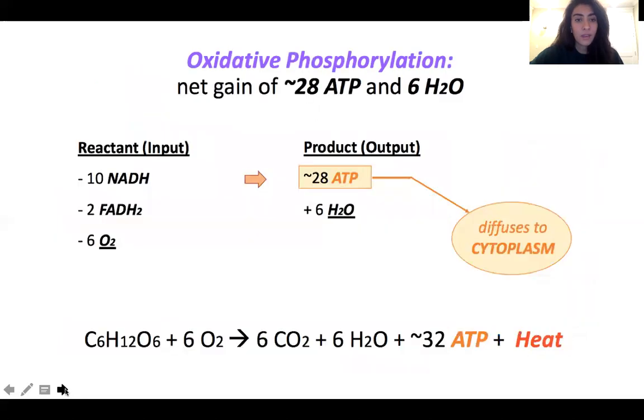So if we look at the reactant side, this is all generated from glycolysis, pyruvate oxidation, and citric acid cycle, right? So we're taking our electron carriers, which is 10 NADH, 2 FADH2s, and we're using this to make ATP. So these electron carriers, the 12 electron carriers, will generate 28 ATP through oxidative phosphorylation, right?